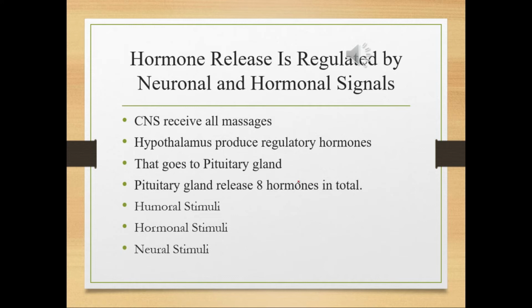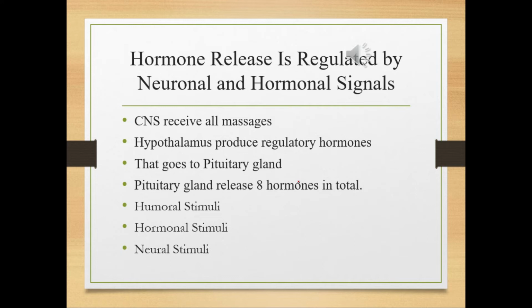With respect to the stimulus, there are three types: humoral stimulus, hormonal stimulus, and neural stimulus. What is humoral stimulus? It is derived from the term humor. It means body fluids such as blood, for example.